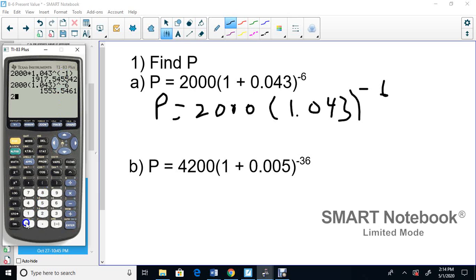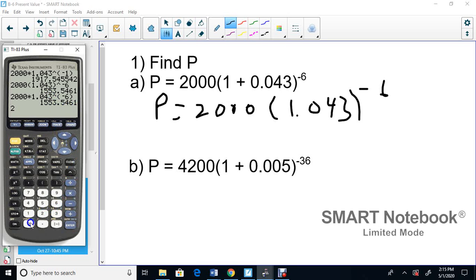So on the first one, it should have been 2,000 times 1.043 to the exponent negative 6. Okay, there we go, 1553.54.